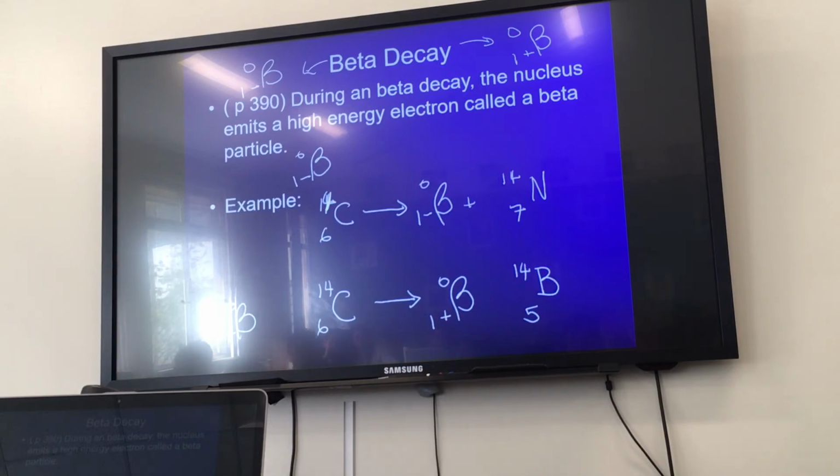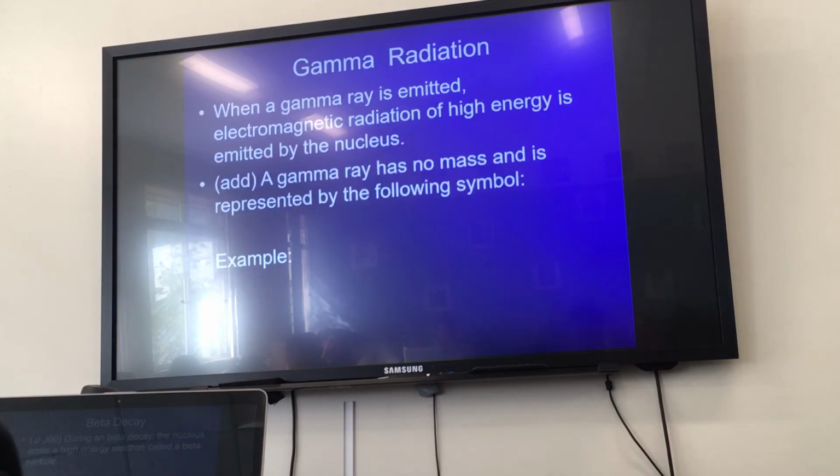So alpha means I take away 2 protons and 2 neutrons. Beta negative means I turn a neutron into a proton. Beta positive means I turn a proton into a neutron. Gamma radiation means it's just high energy, and there's no mass change whatsoever.